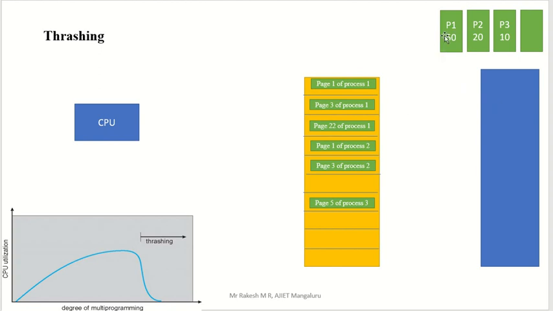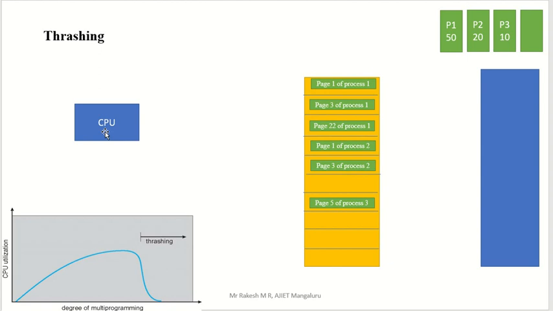Here 50 frames are there for P1, but only 3 pages are present related to P1: page 1, page 3, and page 22. But consider if the CPU asks for all the pages of P1, so what to do?